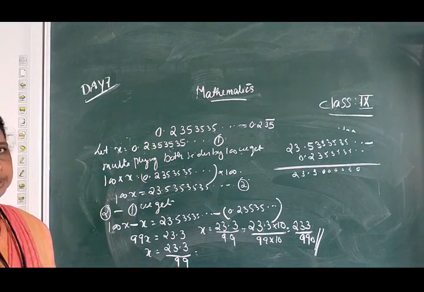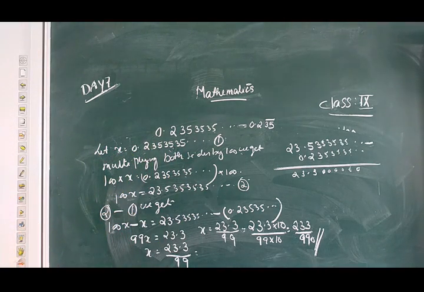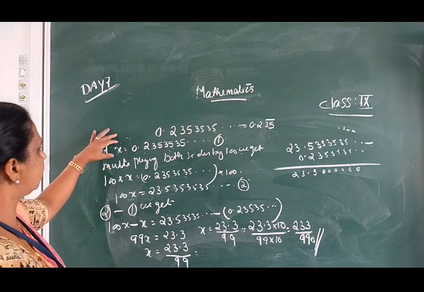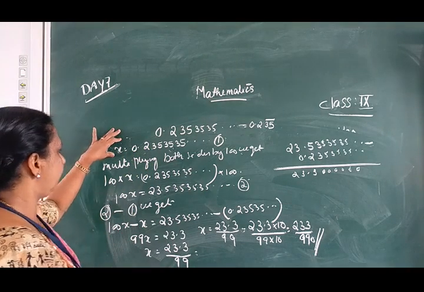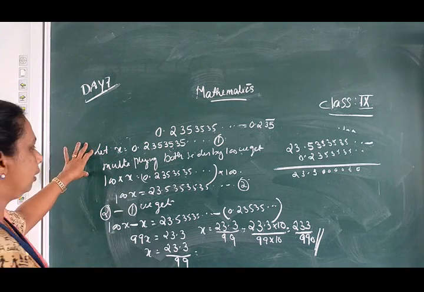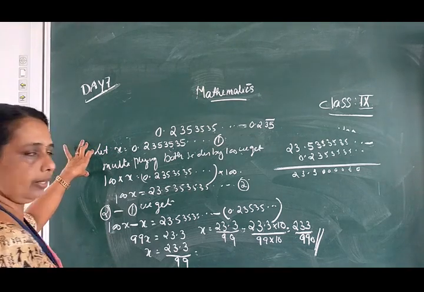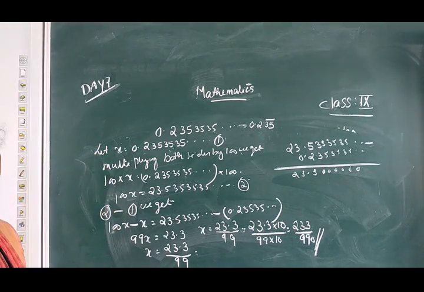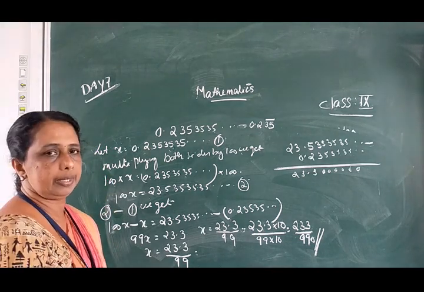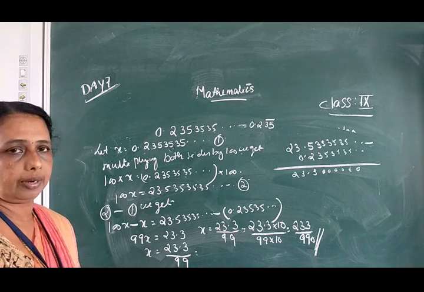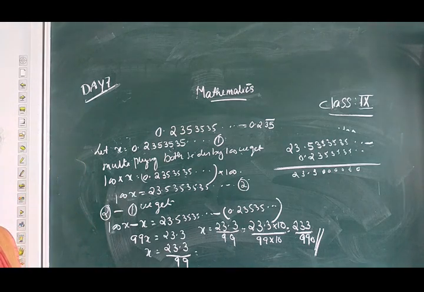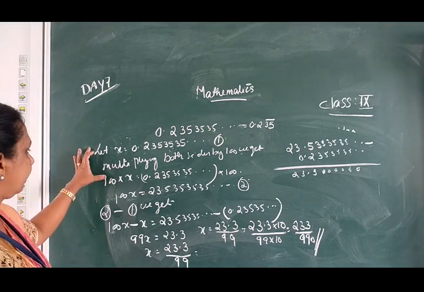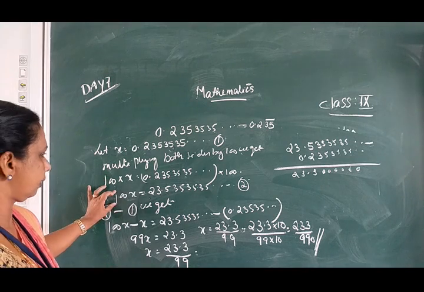There is one more method we can use to solve this. First, take the given decimal number as a variable, x is equal to that number. Then check how many digits are repeating. If 2 digits are repeating, multiply both sides by 100; if 1 digit is repeating, multiply both sides by 10; if 3 digits are repeating, multiply both sides by 1000. That way we get the second equation.